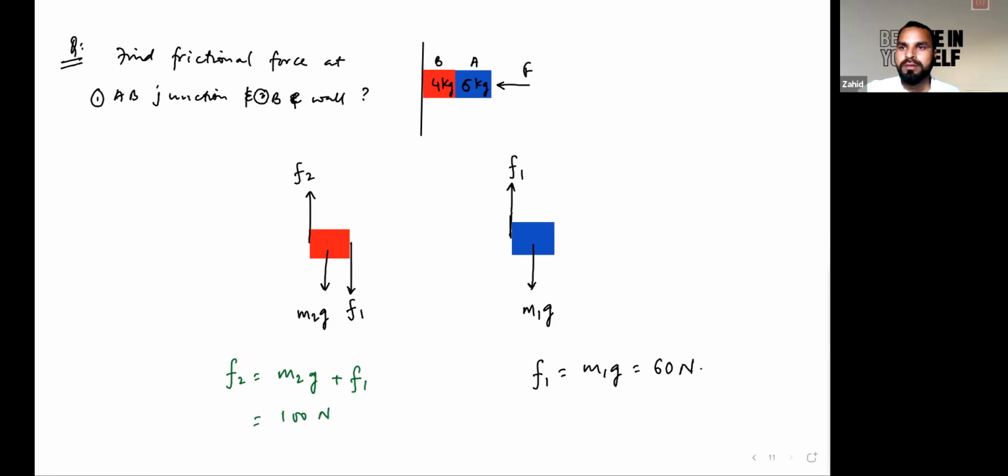So from this, just remember, whenever two blocks are in contact, if one object is experiencing frictional force in the upward direction, the frictional force experienced by the second block has the same magnitude and is in the opposite direction. Khalid, is it clear? Yes, sir.